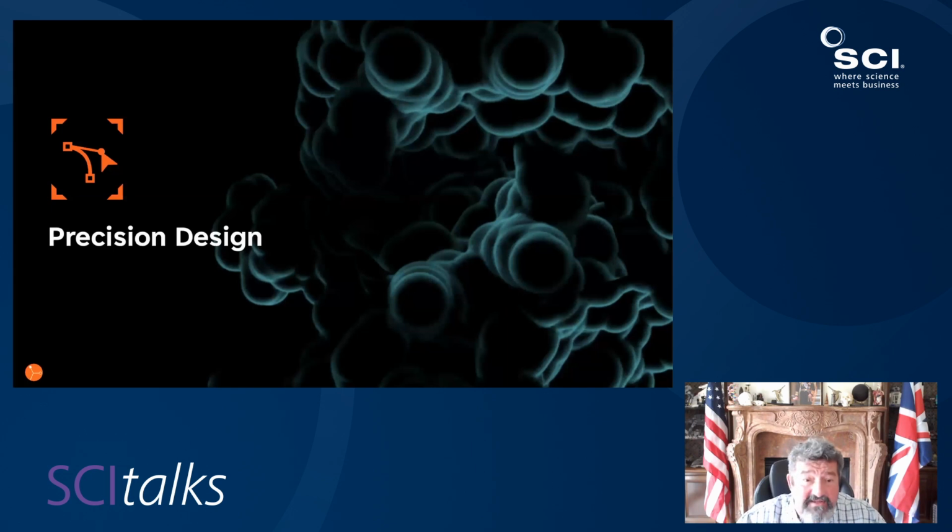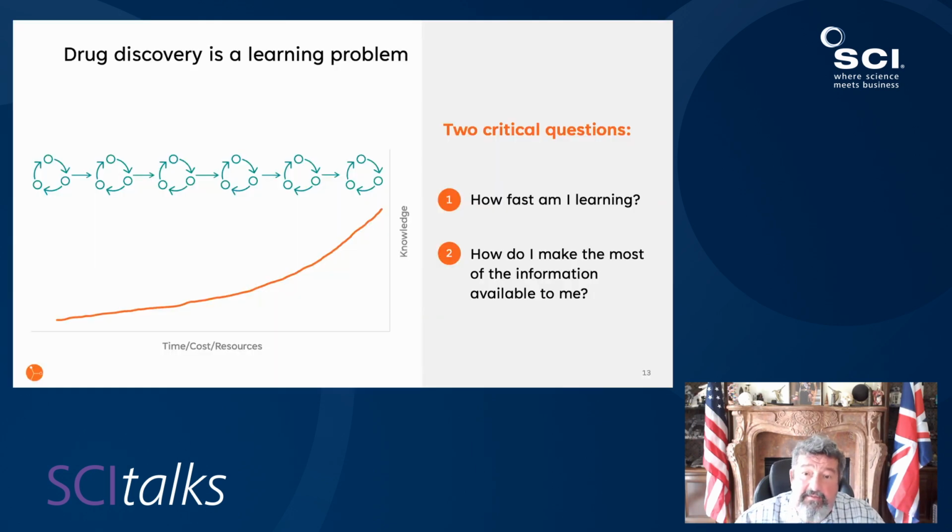Now moving on to the design aspects, which we call precision design. Fundamentally, drug discovery is a learning problem. You follow a curriculum, a series of discrete steps where you have some prior knowledge, you integrate that, you come up with a drug design, a specific design, you test that, and then you see whether you're moving forward towards your eventual goal.